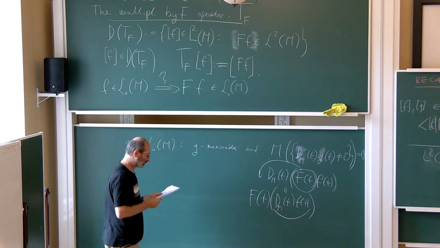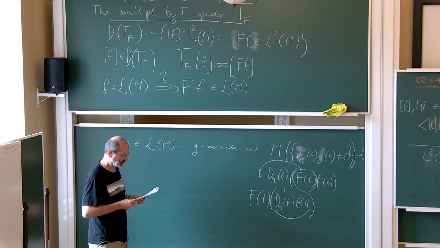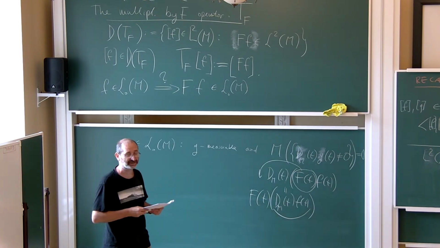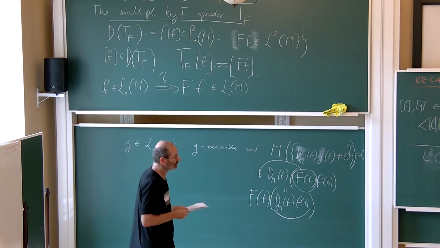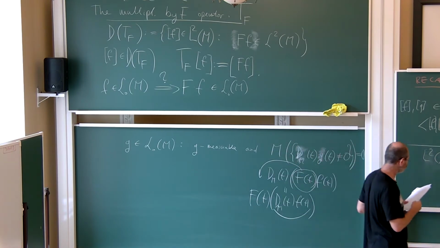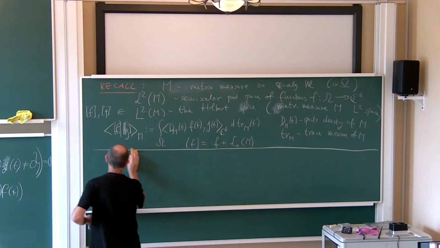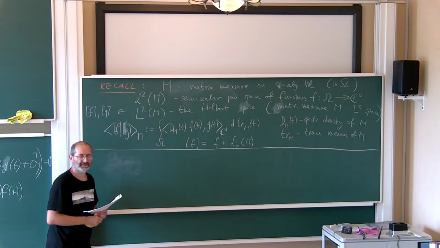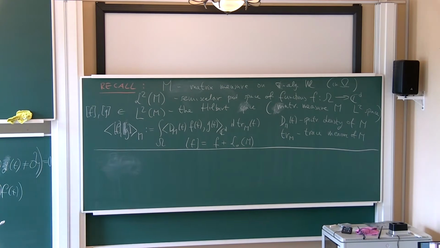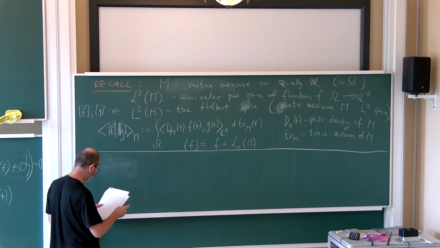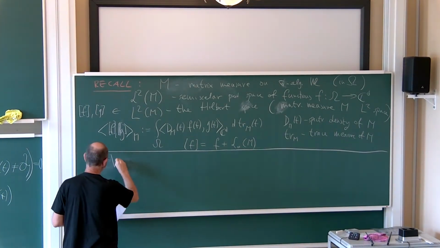But first, I would like to recall the notion which is well known for measures and which is in some sense the analogue for matrix measures. This is the notion of valeur essentielle, essential value, but the notation is from French, so we write this like this.